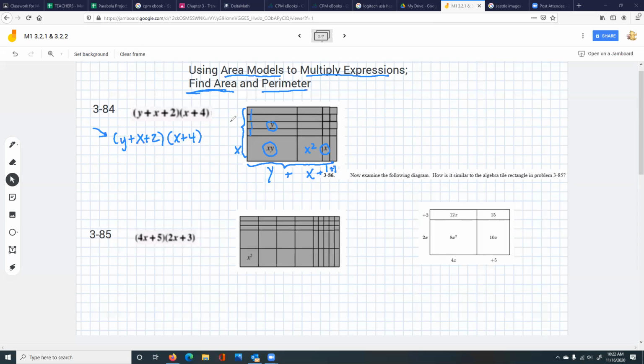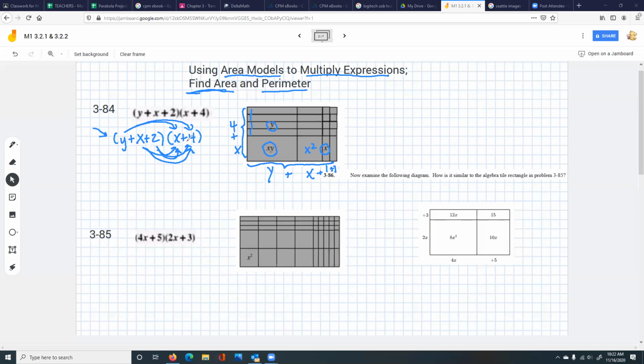So this is 4. So this side would be x plus 4, and this would be the area model for this. Okay, well, we want to multiply this out, or we can count how many tiles we have, right? If I were to multiply this, I would go like, hey, this y times this x, this y times that 4, this x times that x, this x times that 4, and then this 2 times this x, and then this 2 times 4.